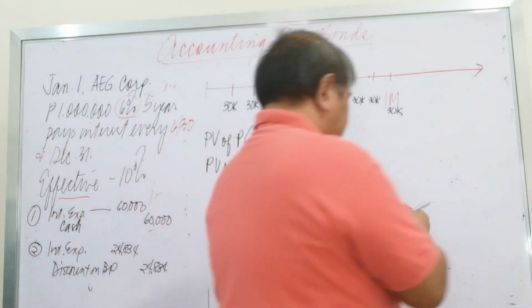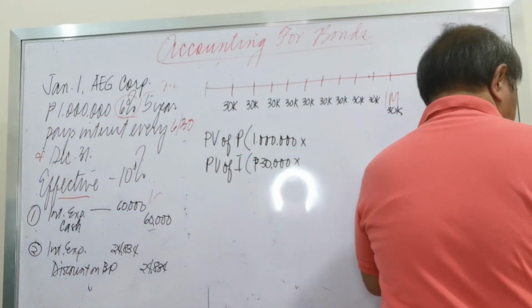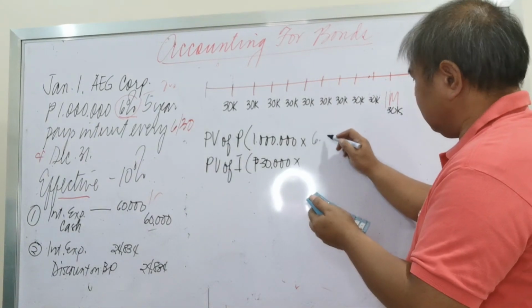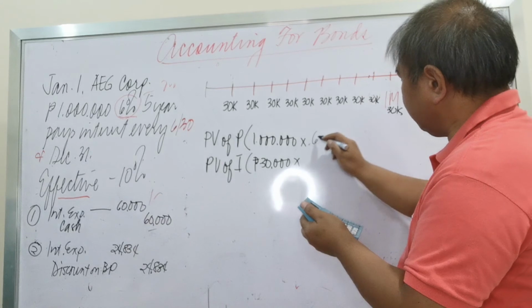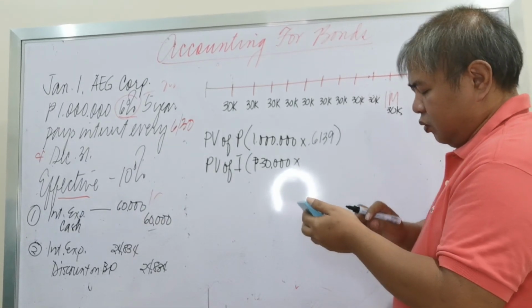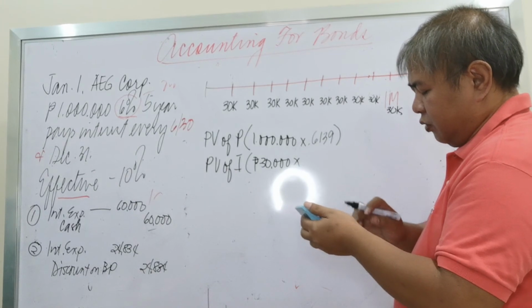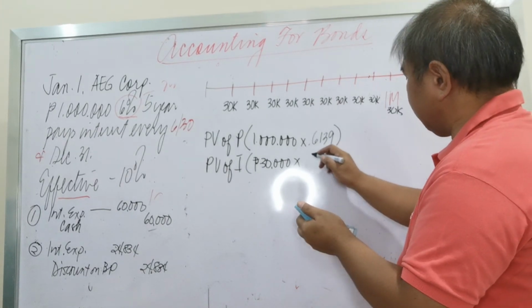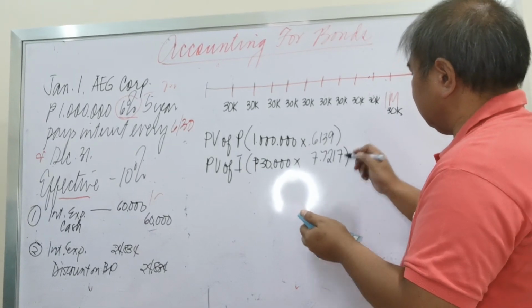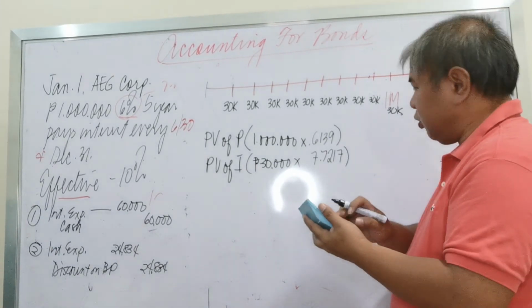Okay, so therefore, this is 0.6139. Minus 1 divided by 0.05. So this is 7.7217. Okay, so let us now compute.